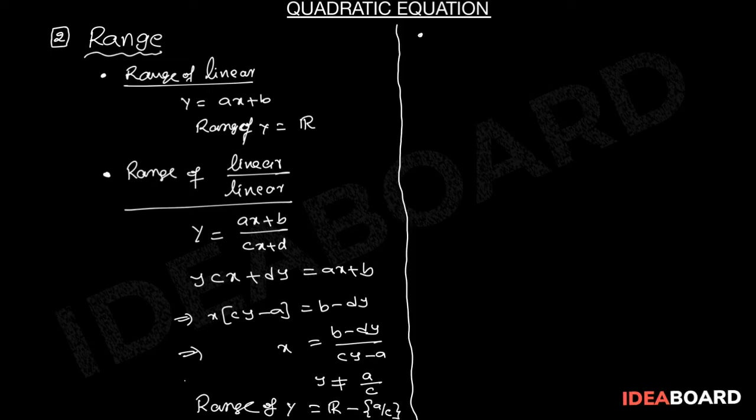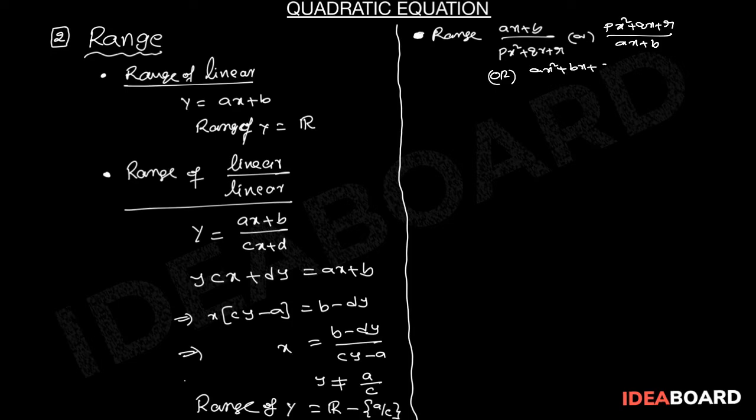Next type is range of linear by quadratic, ax plus b by px square plus qx plus r, or quadratic by linear, that is px square plus qx plus r by ax plus b, or quadratic by quadratic, that is ax square plus bx plus c by px square plus qx plus r.